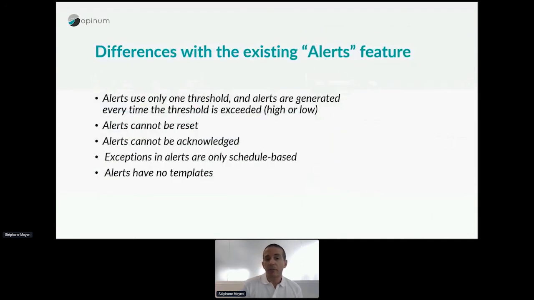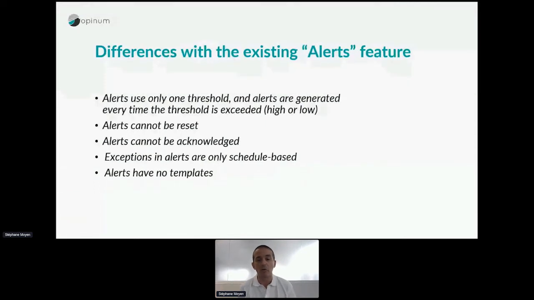You may know that there is already a feature in Data Hub which is available and which is called the alerts. So the alerts and alarms share a number of features, but the alarms go further into those features. The first difference between the alerts and the alarms is that the alerts can use only one threshold, which in the alarms is different because there are two thresholds, and the alerts are generated every time the threshold is exceeded.